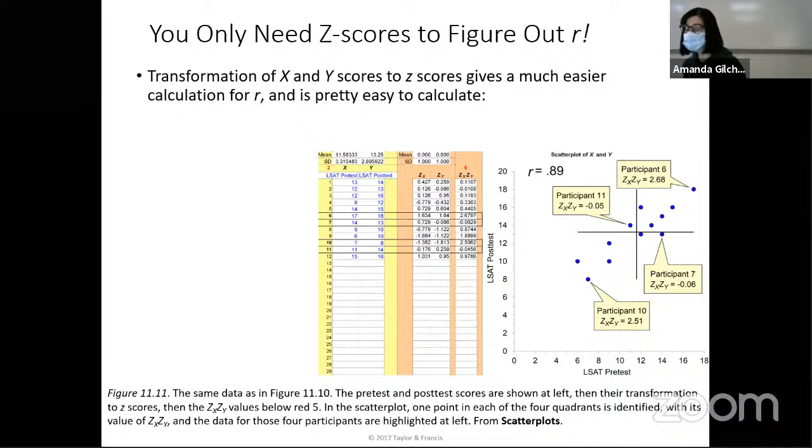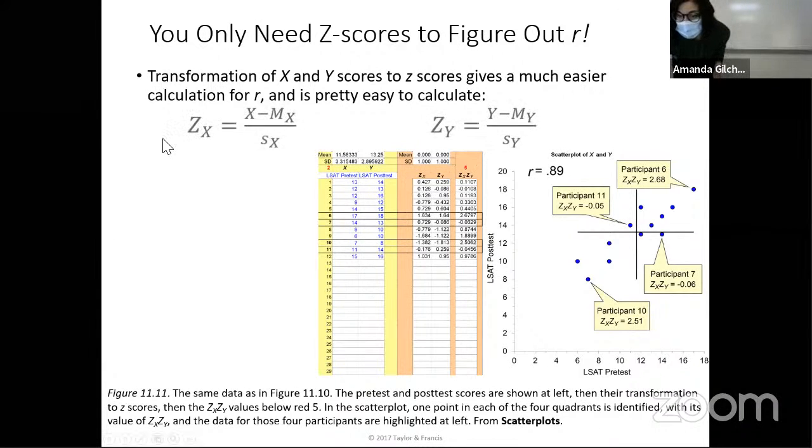So let's go through a quick reminder of how we get a z-score. If we want the z-score for the x component of a given coordinate, we're going to have our z of x, and yes, that's what we call it. We call it z of x.